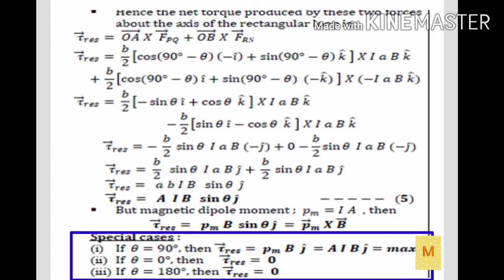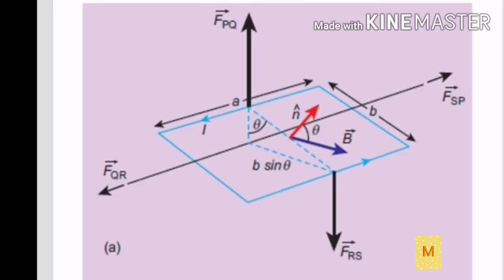From these special cases, we can conclude that the current carrying loop will experience a torque, such that the turning effect, only when it comes perpendicular to the direction of the magnetic field. Otherwise, it will be 0. This picture shows the turning effect of the current carrying loop when it is placed in a magnetic field.